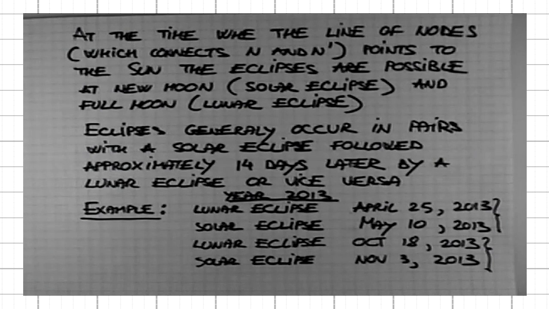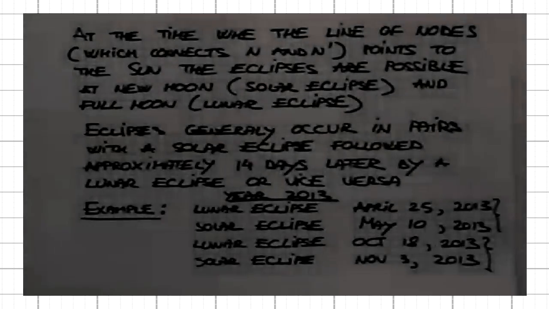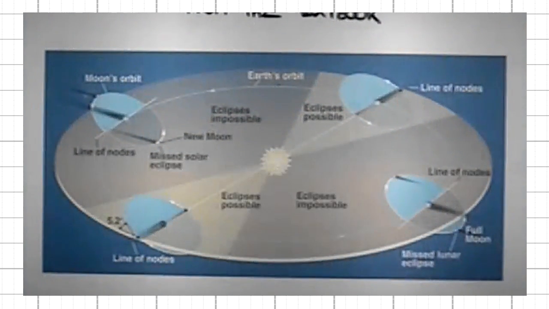Now, the important thing to realize is that over a period of time, the lunar orbit keeps nearly the same direction in space, as illustrated on this diagram here.